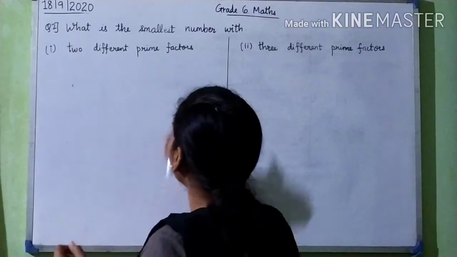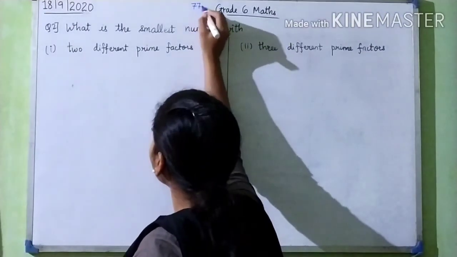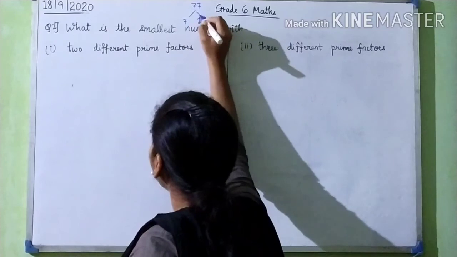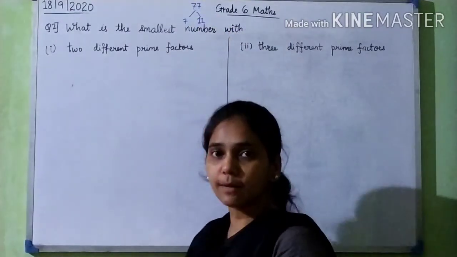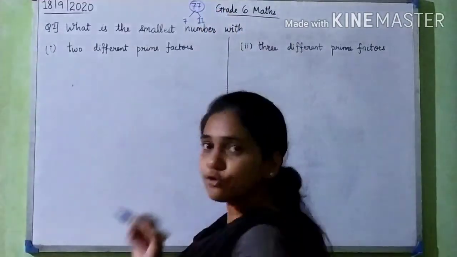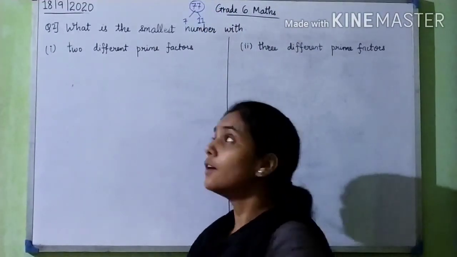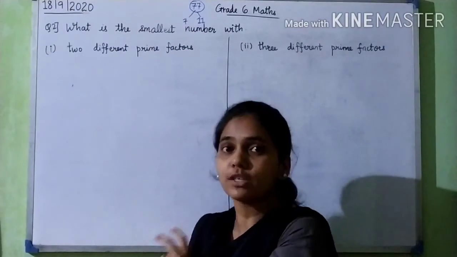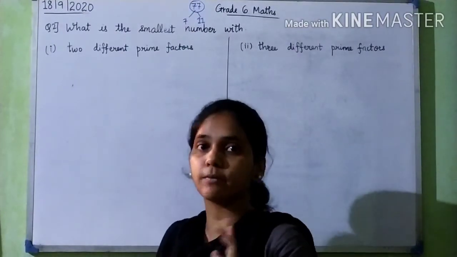The factors of 77 are 7 and 11, and 7 and 11 both are prime numbers. But the number which we have got, 77, is not the smallest. Okay, we have to find a number which is the smallest of all, the smallest number which has 2 different prime factors.